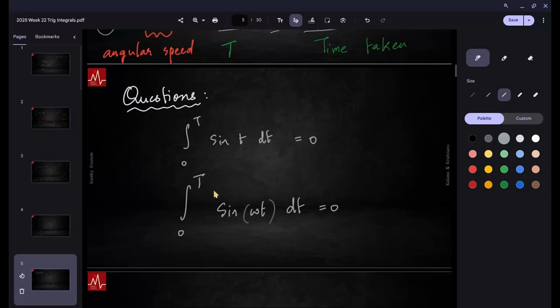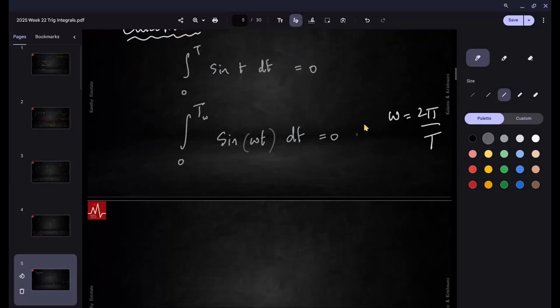Technically, I am referring to t omega. What is that relation? Notice your omega is 2 pi by t, omega to be consistent.